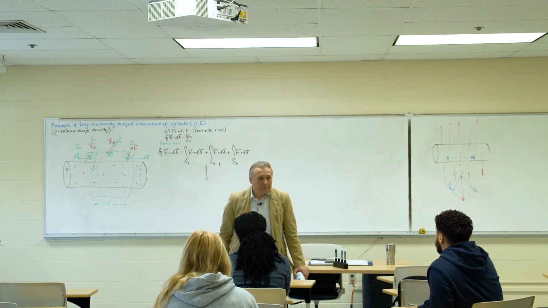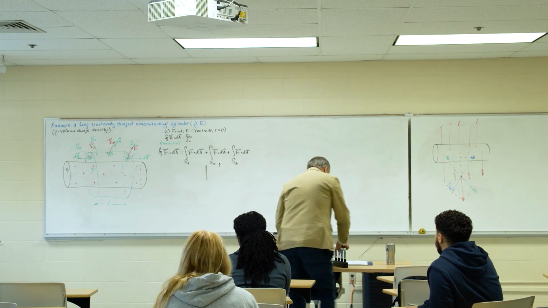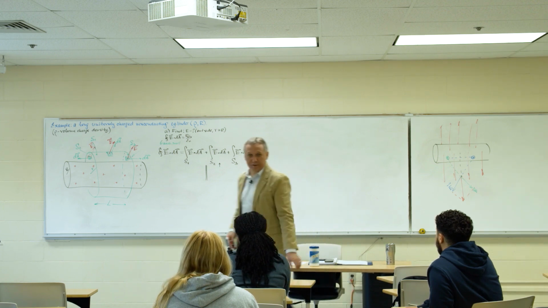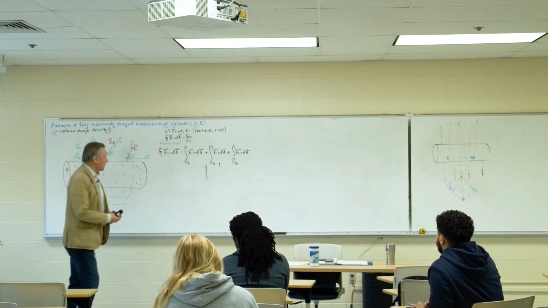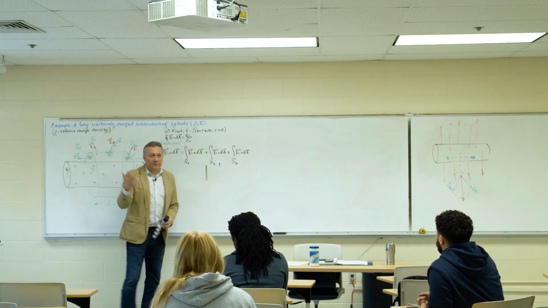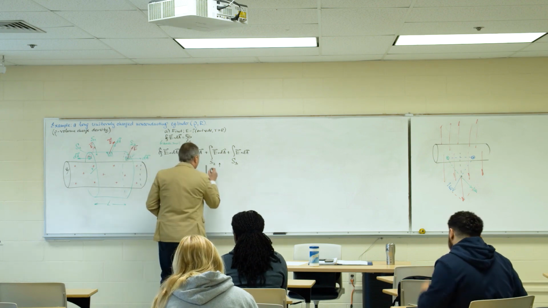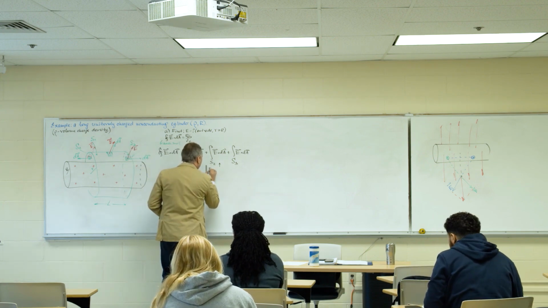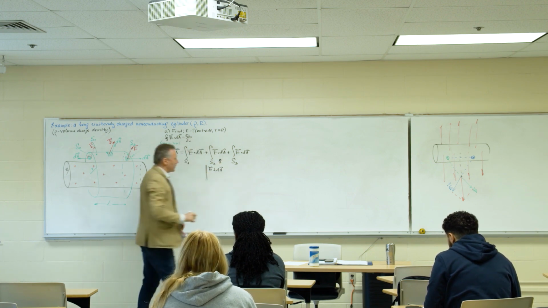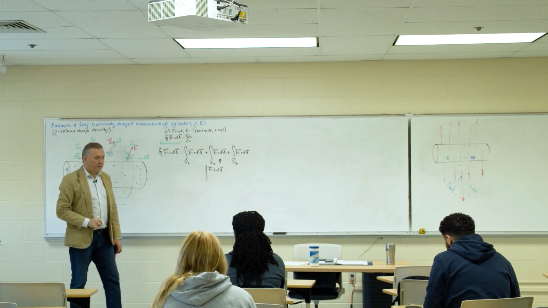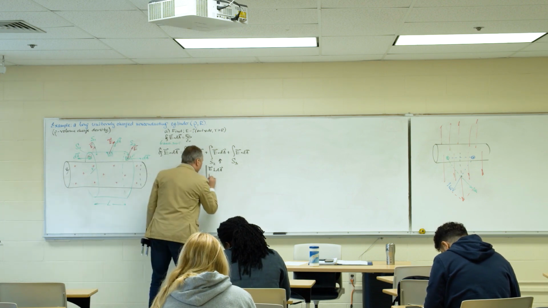And the flux through the surface S3 will also be 0 for the same reason. But of course, I'm going to write the mathematical explanation here. E is perpendicular to dA, and of course, the dot product is 0.